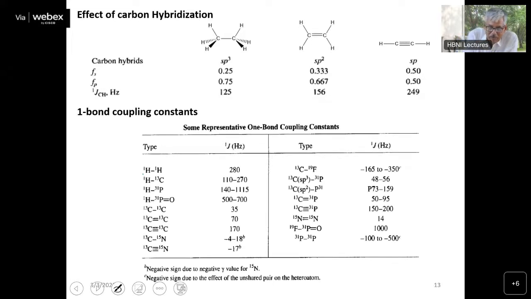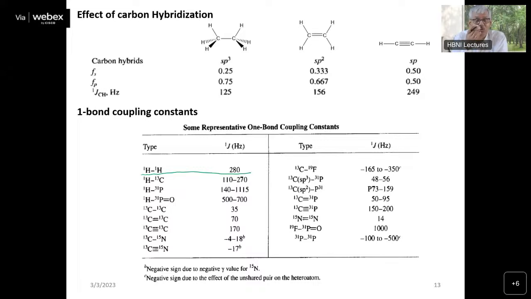So I have shown here the one bond coupling constant. Some of you might be surprised to see a hydrogen coupling constant. How has it been found? I will let you know how this has been found out. Take even methane: all hydrogens are coupling to each other, but in a spectrum we don't see that.